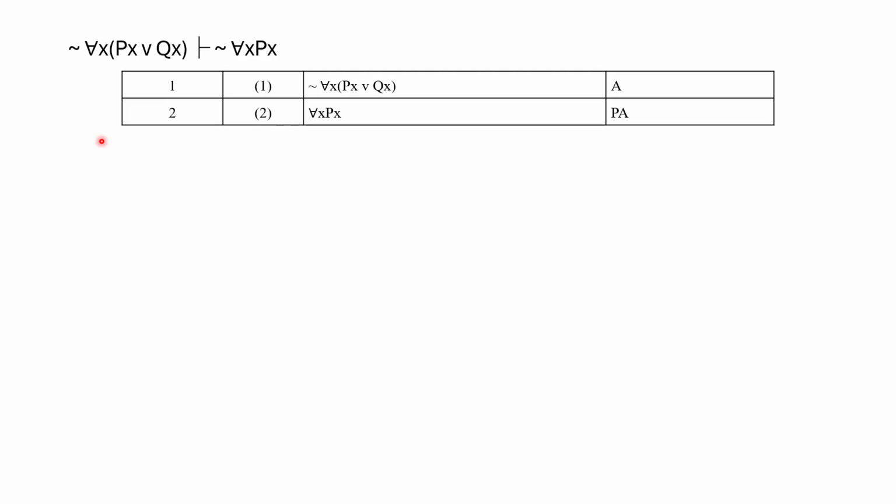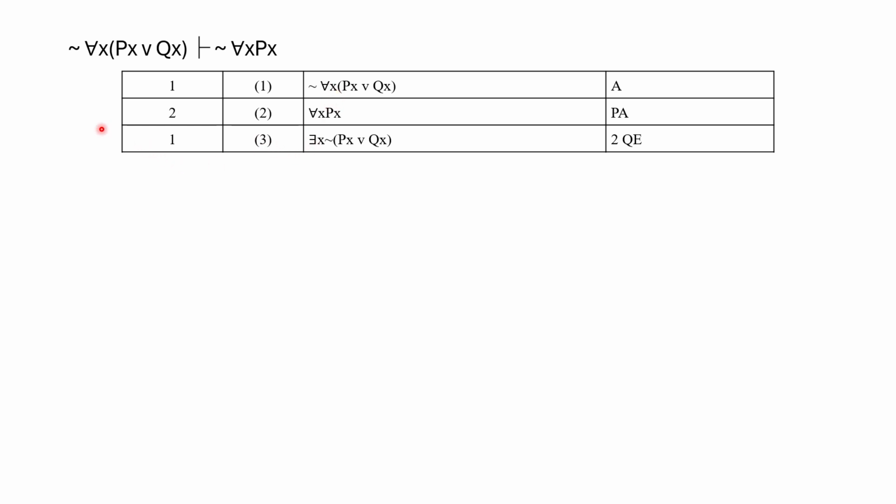What we can do in line 3 is use our quantifier exchange rule, and what it does is move the tilde to the inside of the quantifier. So this tilde is going to get moved from the outside as the main operator to the inside of the quantifier, and then we're going to exchange the quantifier from a universal one to an existential one.